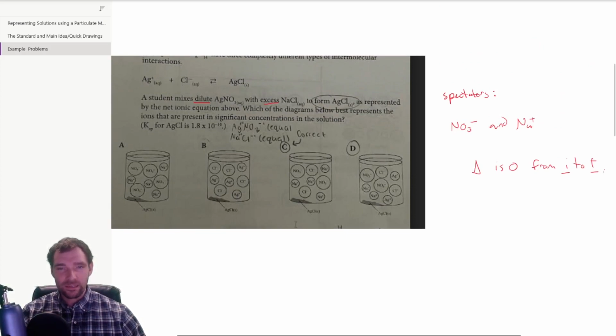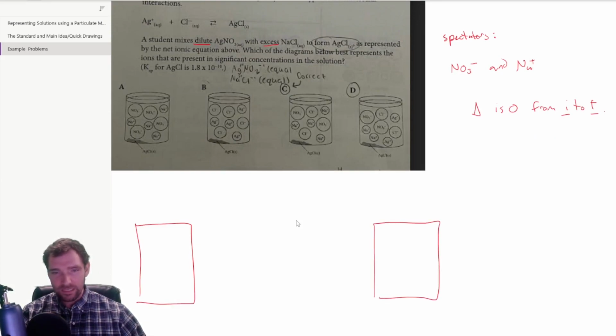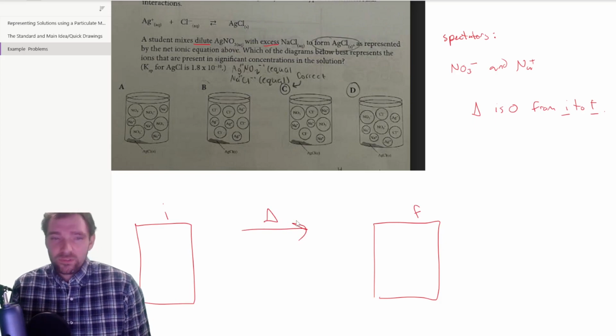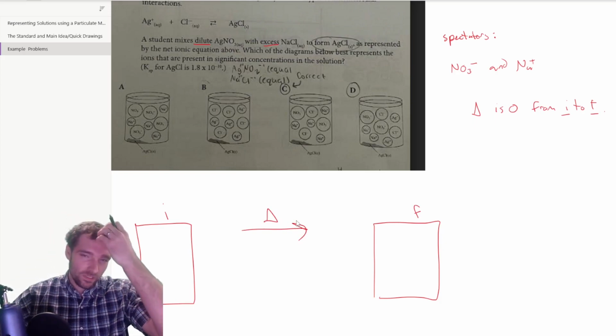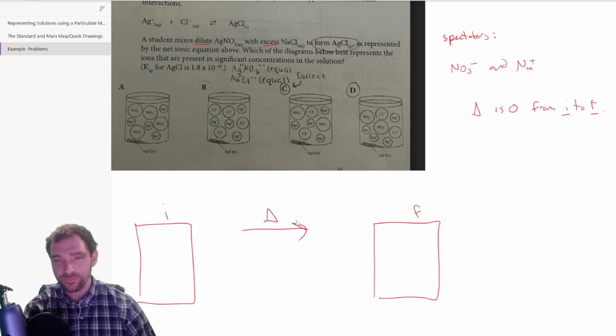Now let's imagine how many Ag and Cl we had initially, how many reacted, and how many we have in the final situation, and what seems reasonable. Because some of these situations are going to have too much of a certain ion. It doesn't really make sense.